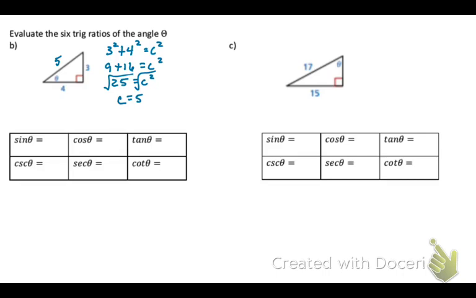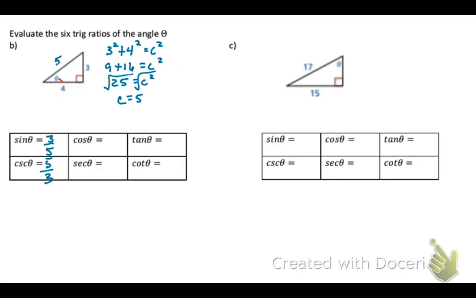So now put your eyes on angle theta, and you're going to look opposite, which is 3, and the hypotenuse, which is 5. So that is our sine ratio, 3 over 5. The cosecant of theta is the reciprocal, 5 over 3. Put your eyes back on theta and look at the side that's adjacent.